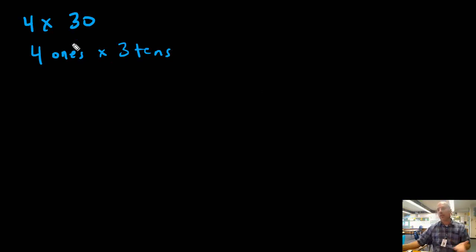If I start off with just a simple multiplication problem like 4 times 30, I could rewrite this. I could say I have 4 ones, and I'm going to multiply that by 3 tens. I could do my 4 times 3 would be 12, and my ones times my tens, 1 times 10 would be 10.